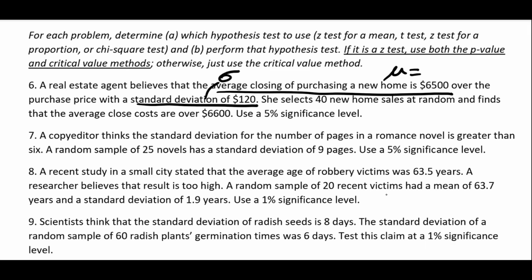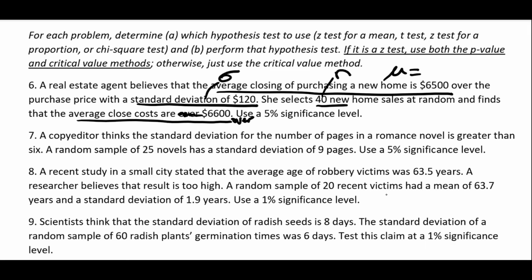Now, she selects 40 new homes at random, so that's your n sample size, and finds that the average closing costs are over $6,600. This should say $6,600 over the purchase price.